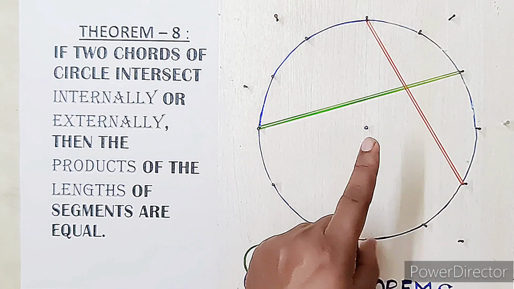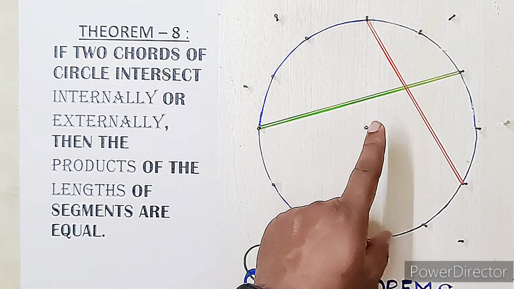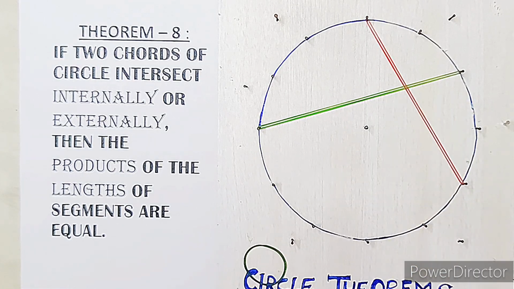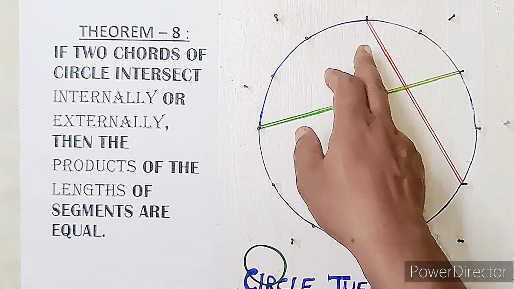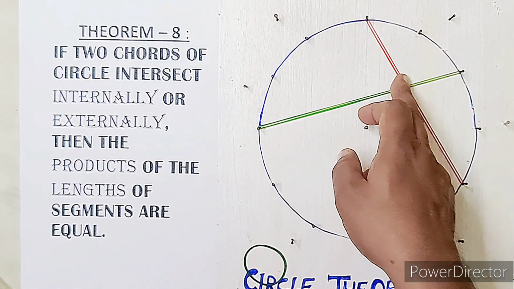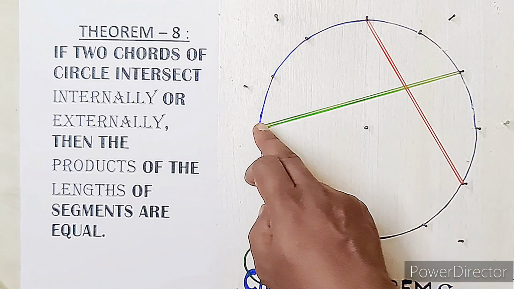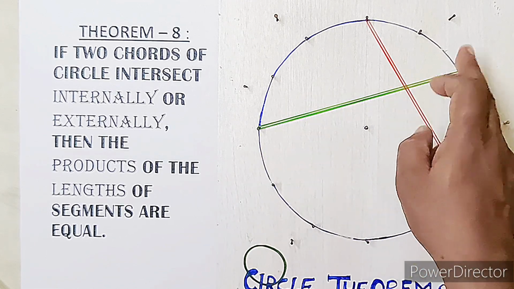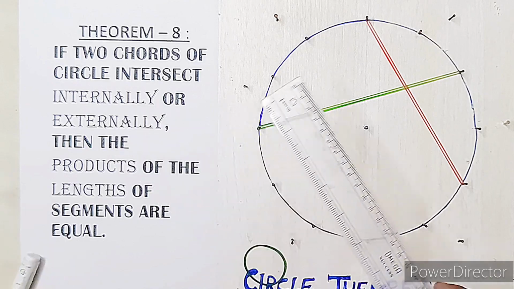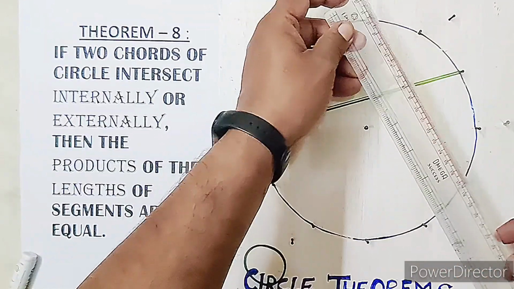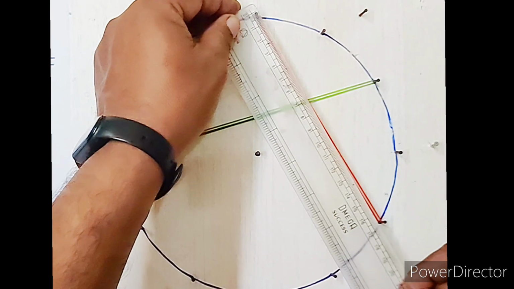Here the segment is not the segment of a circle but the line segment of the chord. So the two chords are intersecting over here. The theorem says that the product of this part into this part should be equal to the product of this part into this part. So let us measure it and see what we get. I am first of all measuring here.